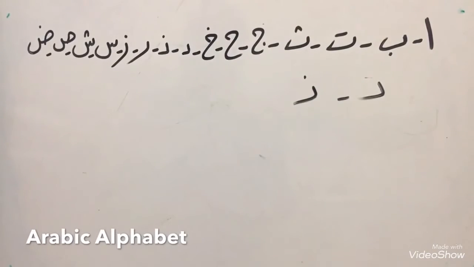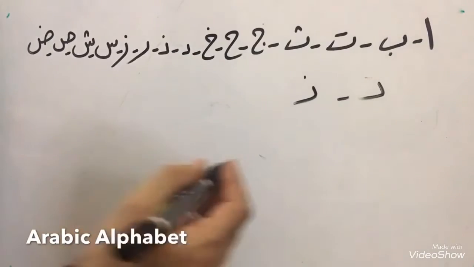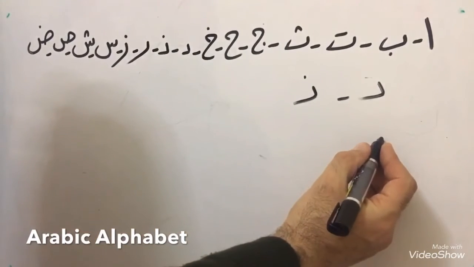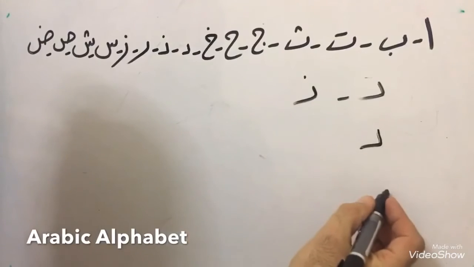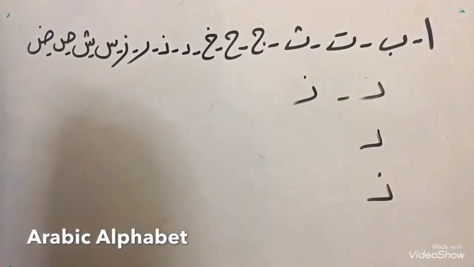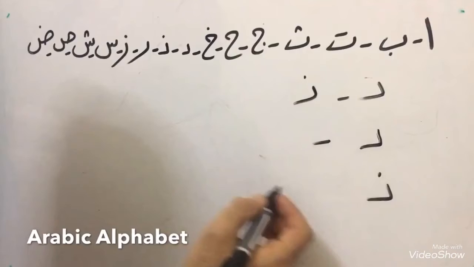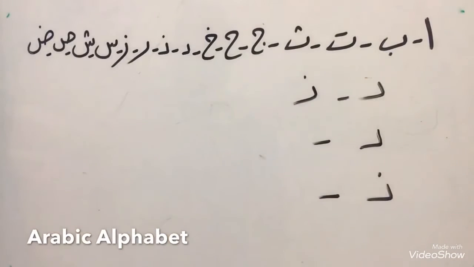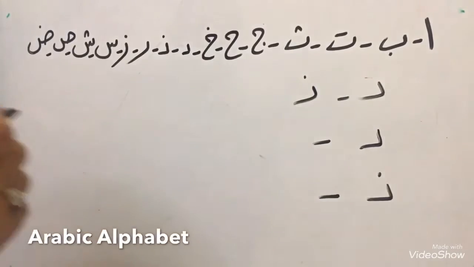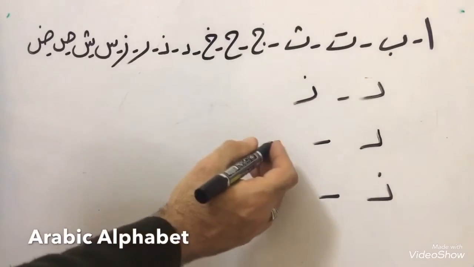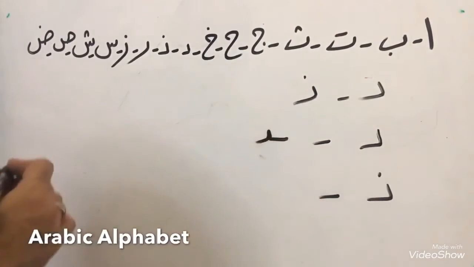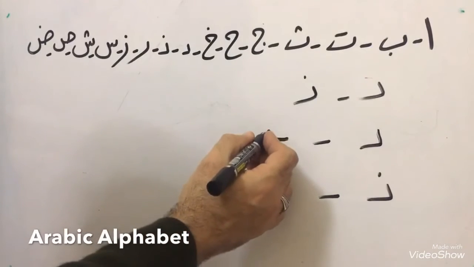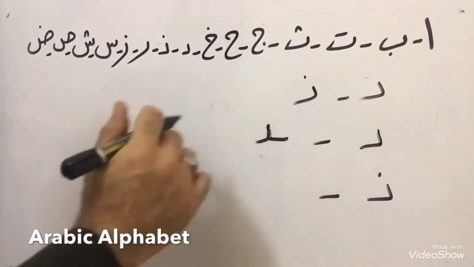They are written in the same way at the beginning of the word, like this: Dal, Dhal. Dal and Dhal can be joined just with a letter before. So if they come in the middle of the word, they are like this: Dal. This is one way.